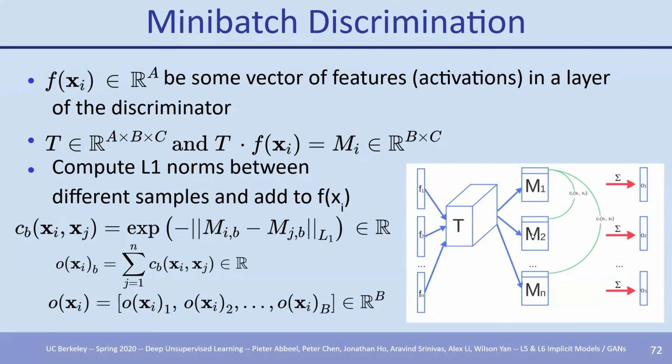So M1, M2 is the first or second feature, but for different samples. Then you combine them together into an o vector, and you create another o vector for all the different samples with the distance between all of them.